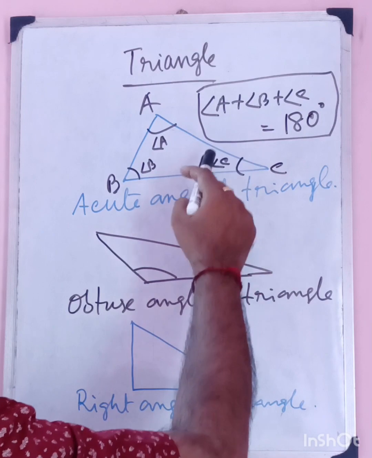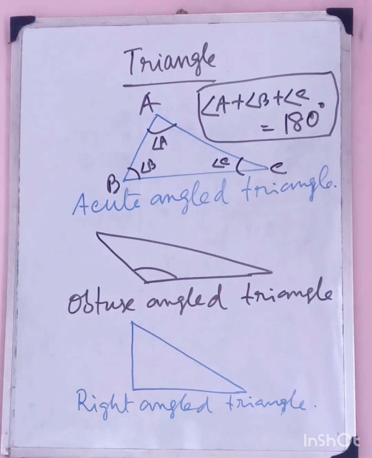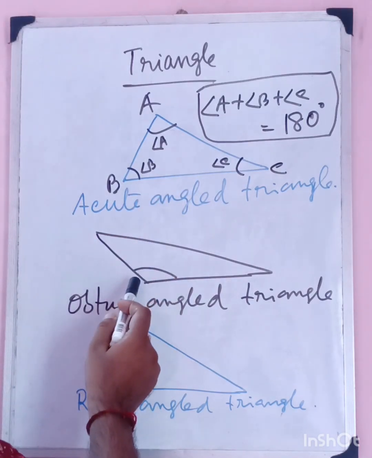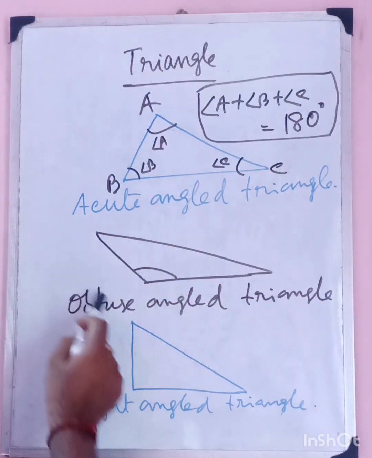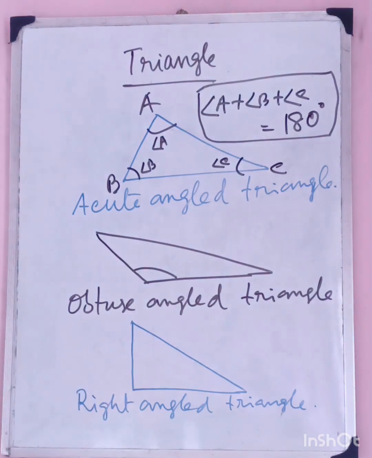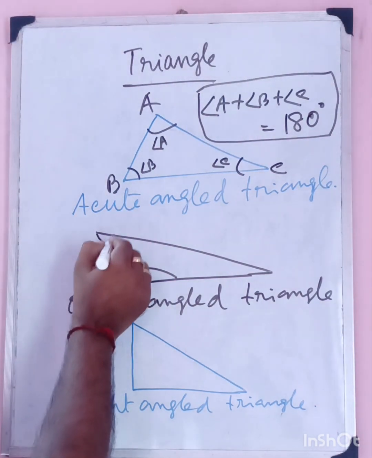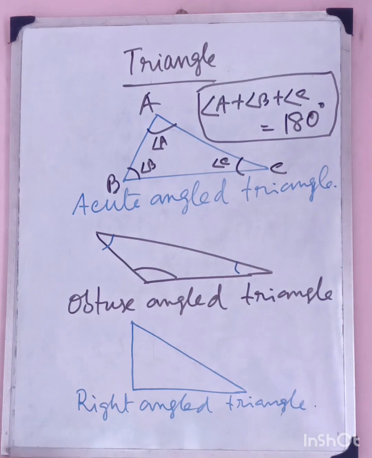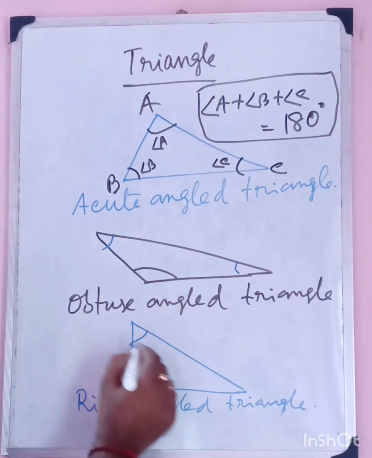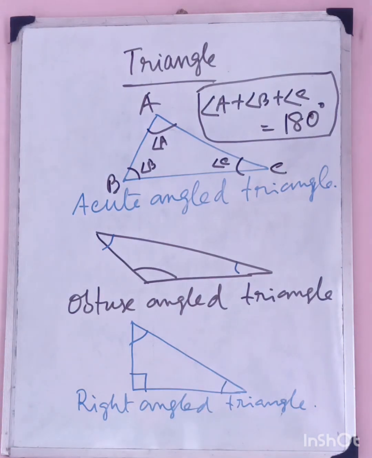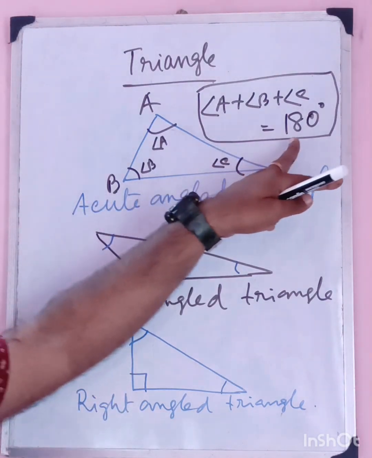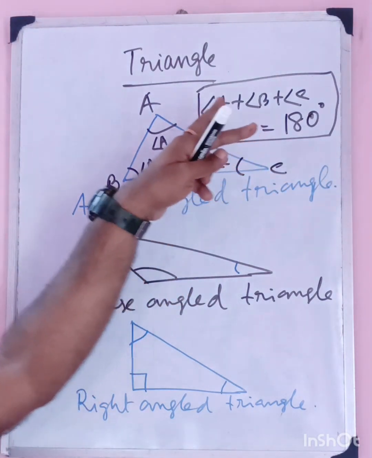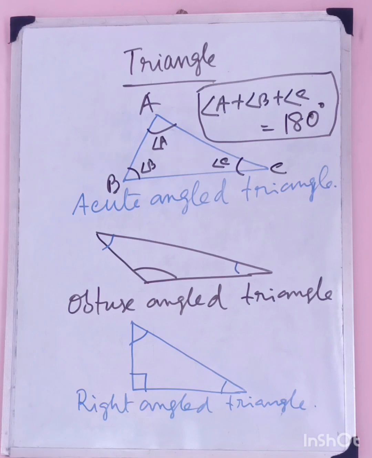Sum of the angles is equal to 180 degrees. So it is clear, if you have an obtuse angled triangle, one angle is obtuse, the other two angles must be acute. In case of a right angled triangle also, if one angle is a right angle, the other two angles are bound to be acute angles. Okay? So this is property 1. Sum of the three angles is equal to 180 degrees.